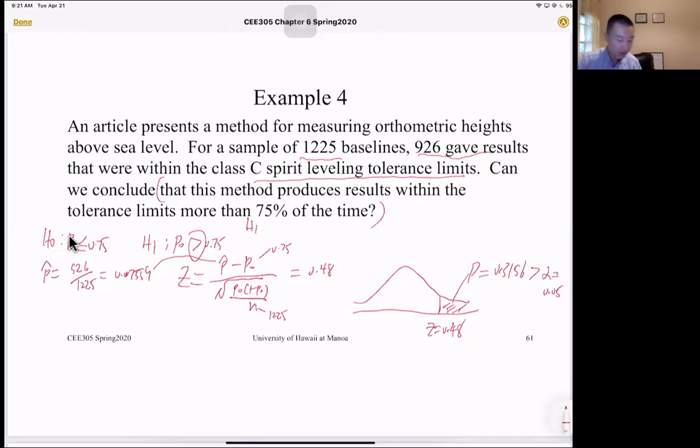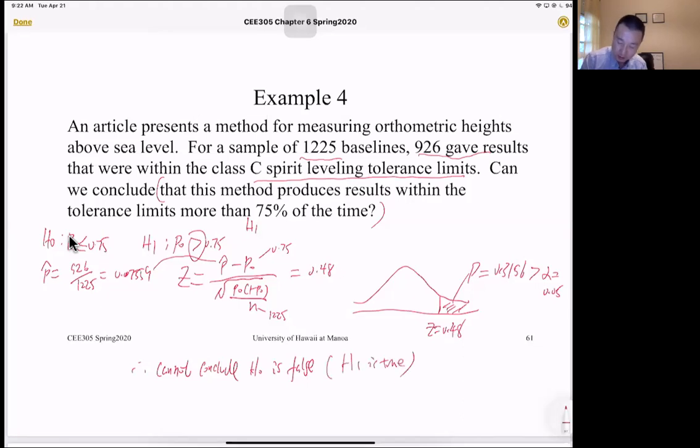So p-value larger than alpha, so we cannot conclude H0 is false. So we cannot conclude the method produces results within the tolerance limit more than 75%.